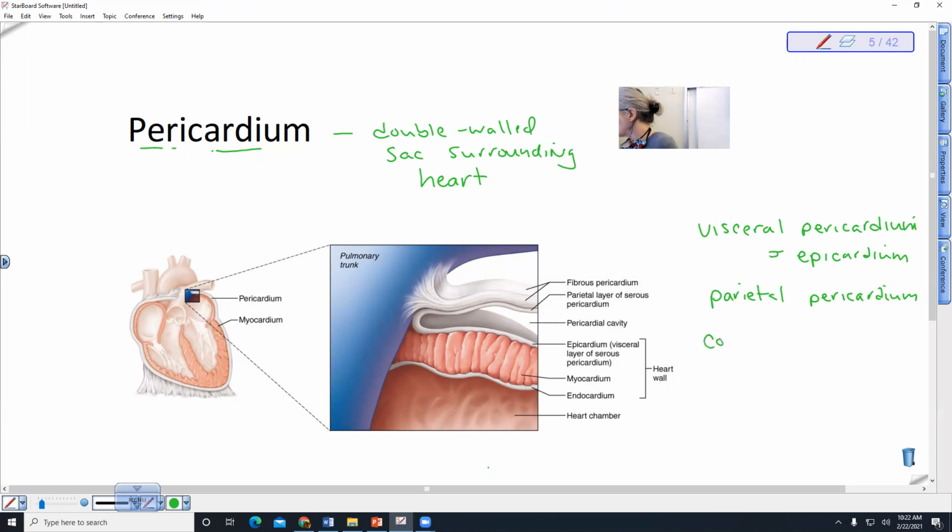So they're the actual layers that contain between them the pericardial cavity. Okay, so we have the serous fluid of the pericardial cavity, and this allows for friction-free movement of the heart.